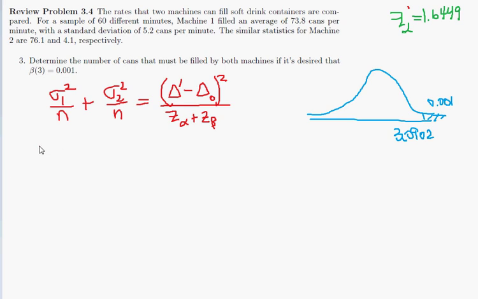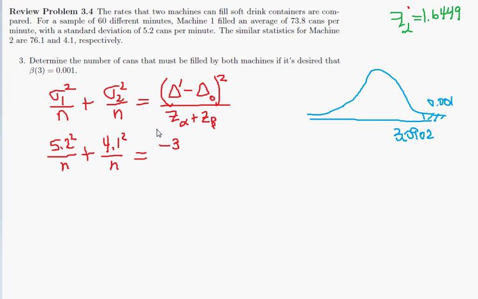So setting up the problem, we have 5.2 squared divided by n plus 4.1 squared divided by n is equal to delta prime, which is negative 3.